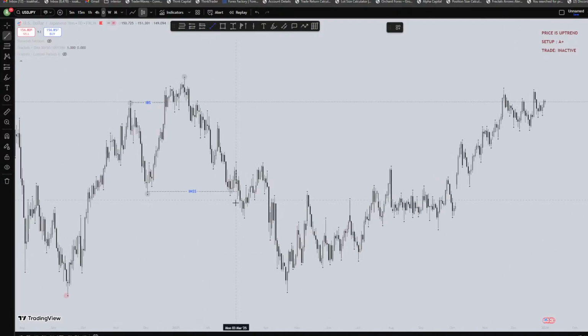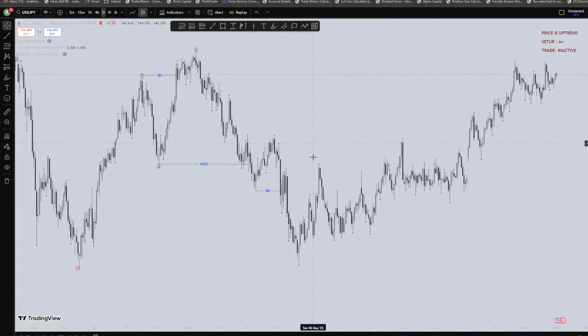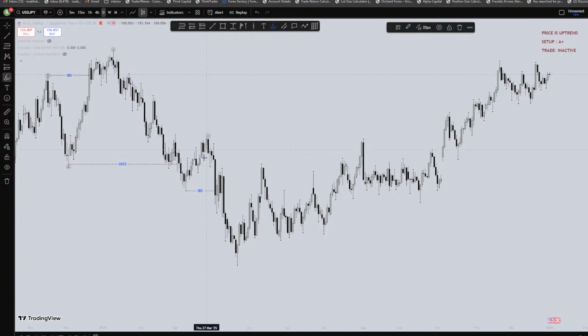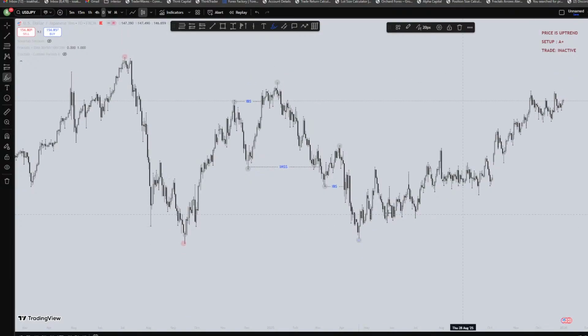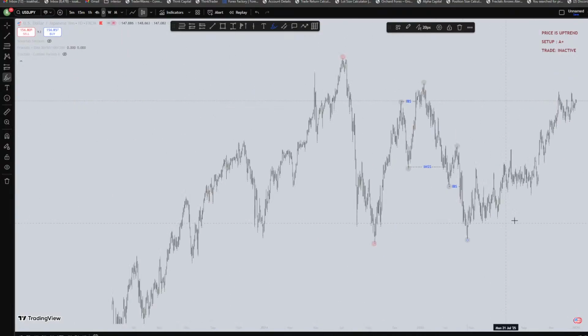Then after we have the internal MSS, we would have looked for an internal BOS and price to come back. So this is valid right there, but as you see, price is coming down.